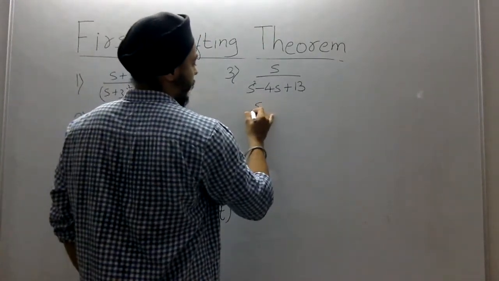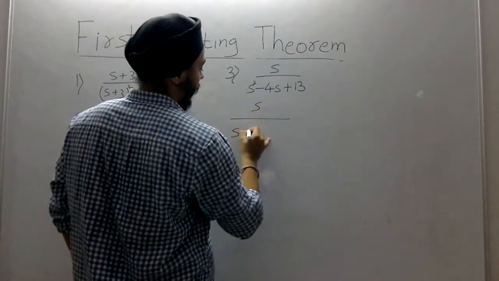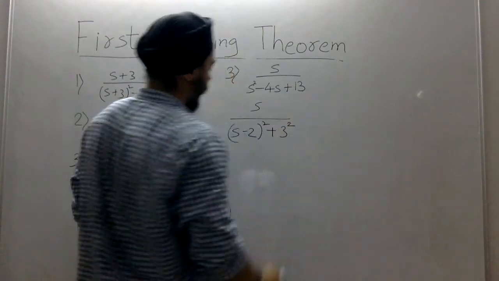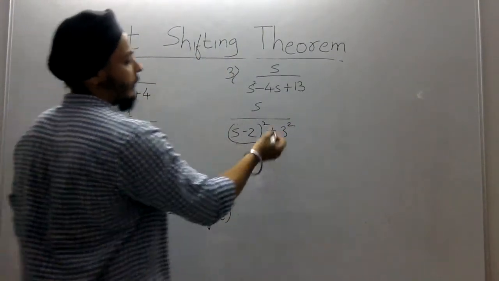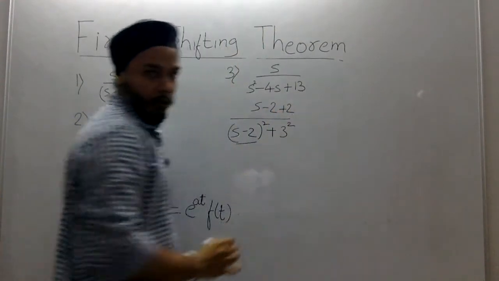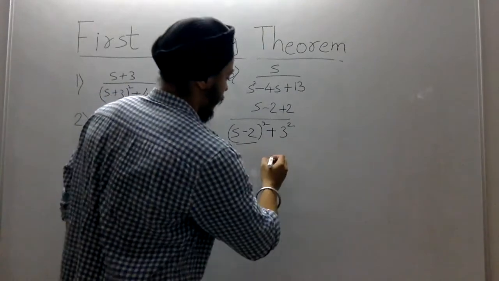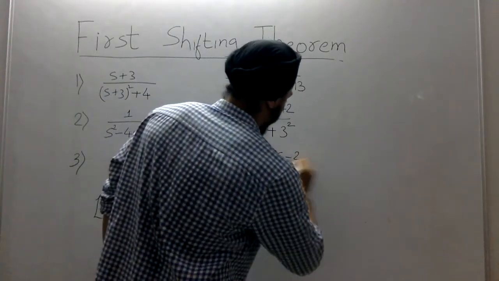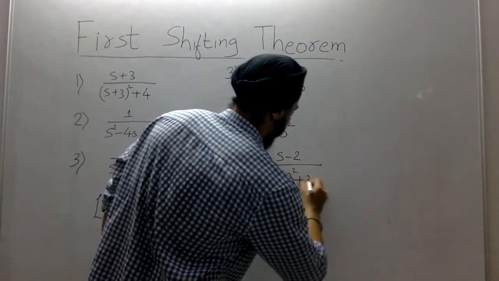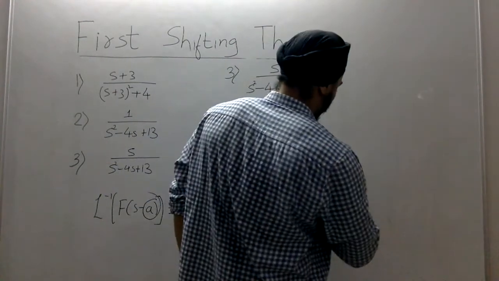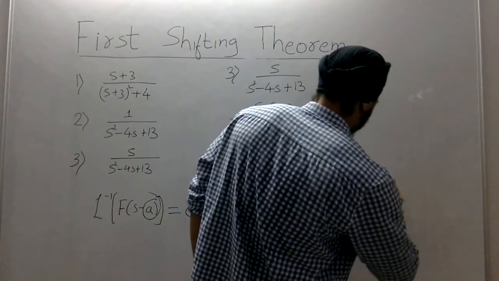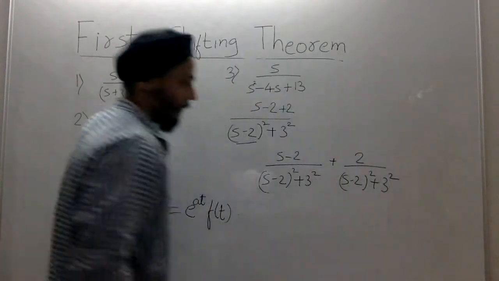Now let us find the Laplace inverse of this function. We will write it as s over (s minus 2) whole square plus 3 square. Now we have minus 2 here, so what we will do is subtract 2 from above and add 2 to the equation. So our equation becomes (s minus 2) over (s minus 2) whole square plus 3 square plus 2 over (s minus 2) whole square plus 3 square.